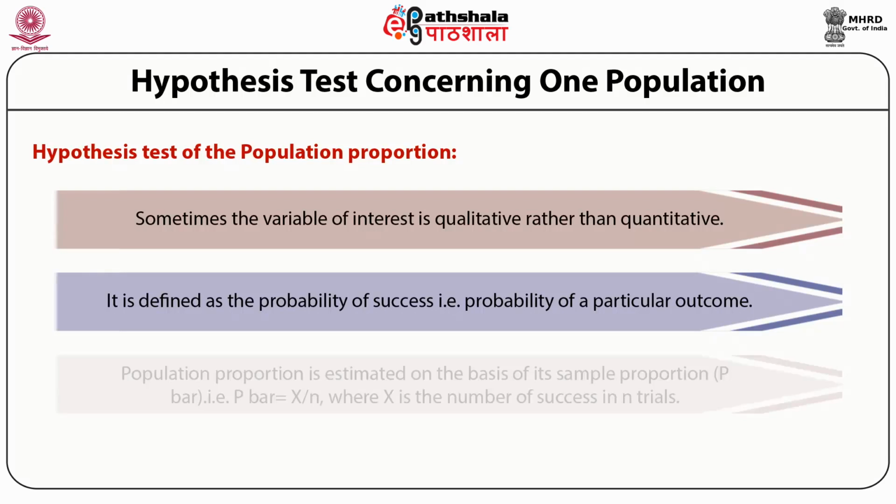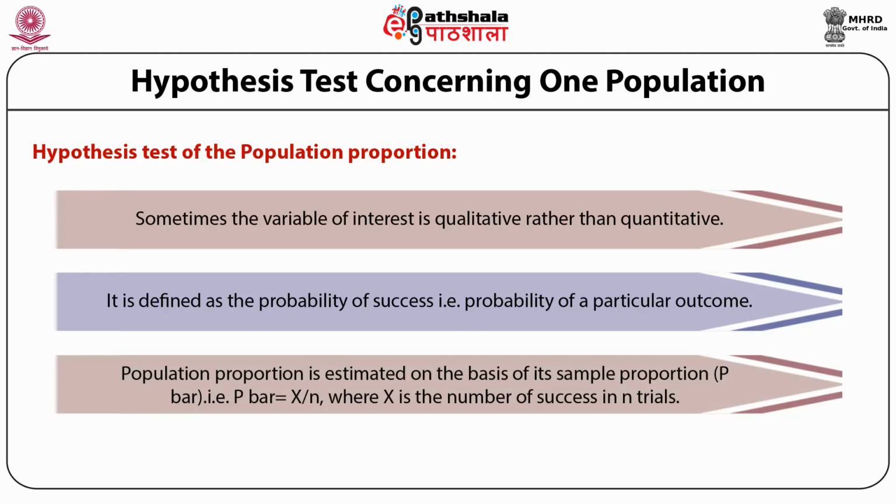As in the case of the population mean, we estimate the population proportion on the basis of its sample counterpart. Population proportion is estimated by the sample proportion represented by P bar, where P bar is x upon n, where x is the number of successes in n trials.